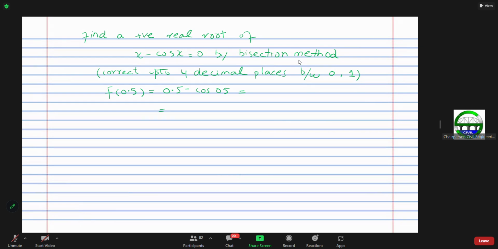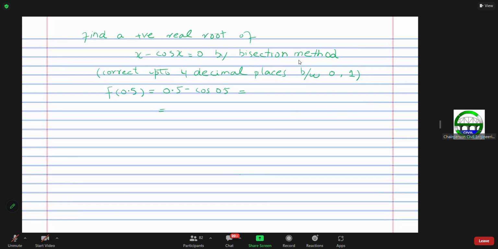So let me check whether it is in radians or in degrees. Cos of 0.5 is equal to 0.99999, right?